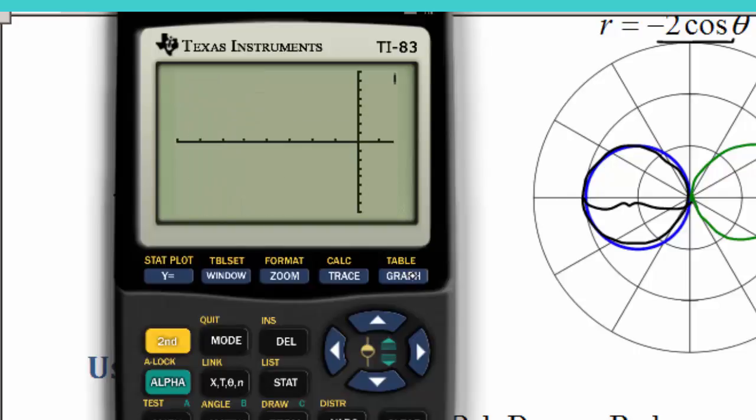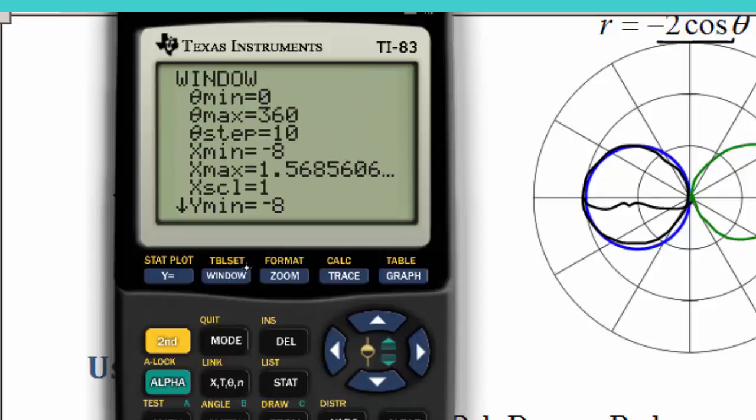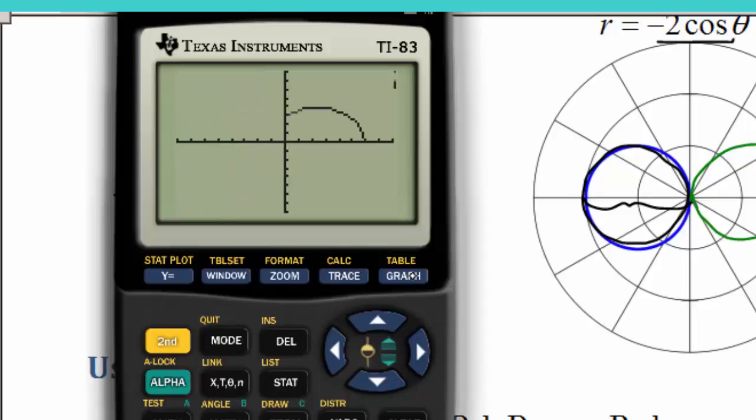And now I'm going to hit graph and see what I get. I'm thinking y'all said, no, you didn't hit something. So let's see. Oh, look at there. My maximum for my x value needs to be positive 8. Now let's look at that graph.